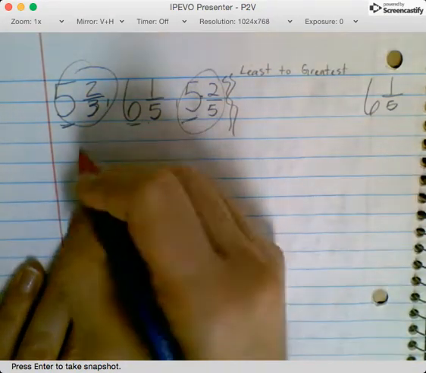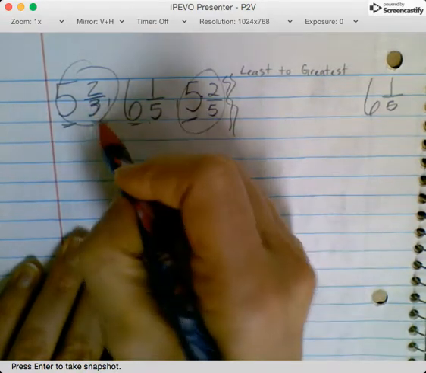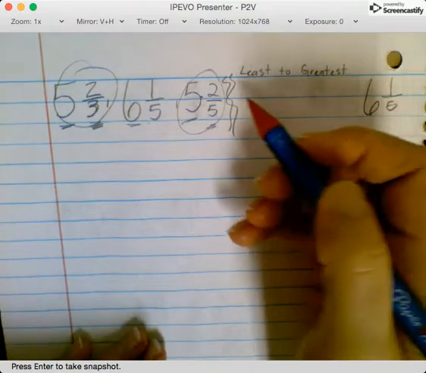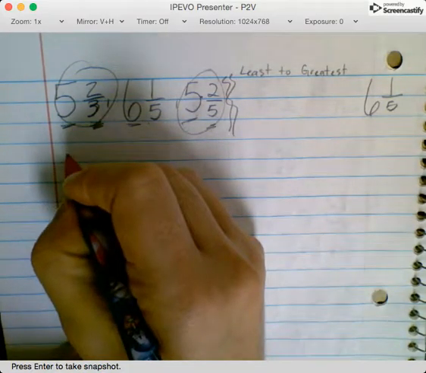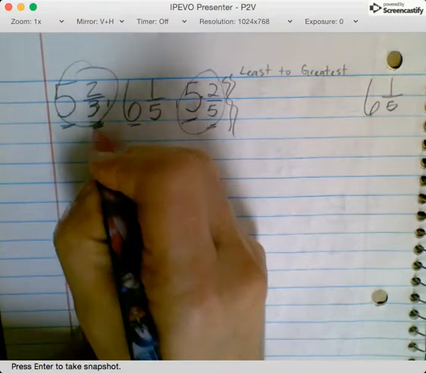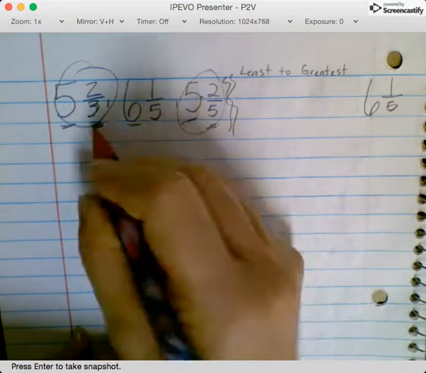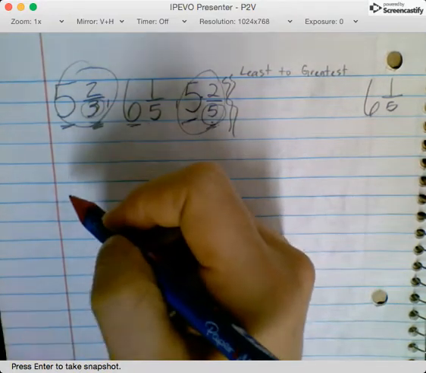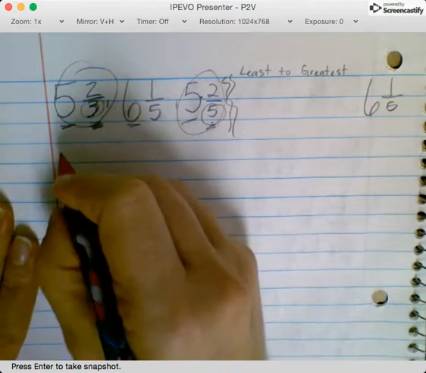In order to compare them, I need to look at the fraction part. They're both going to have the same whole number, so in order to make them comparable, I need to make the denominator the same. So I'm going to use equivalent fractions to do that.